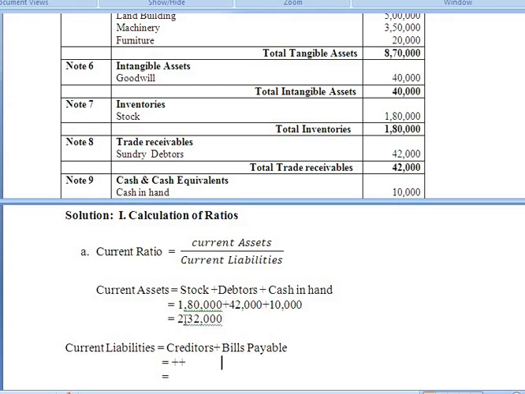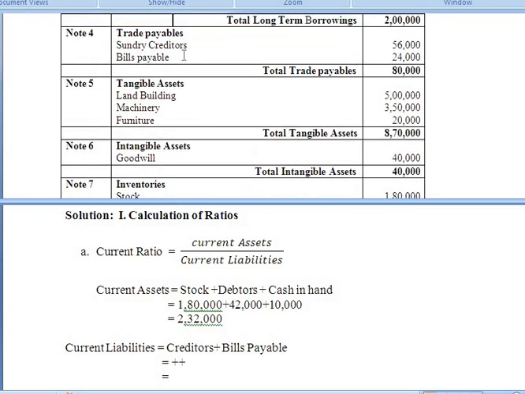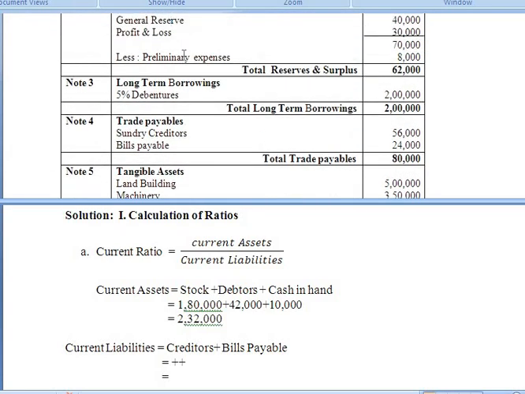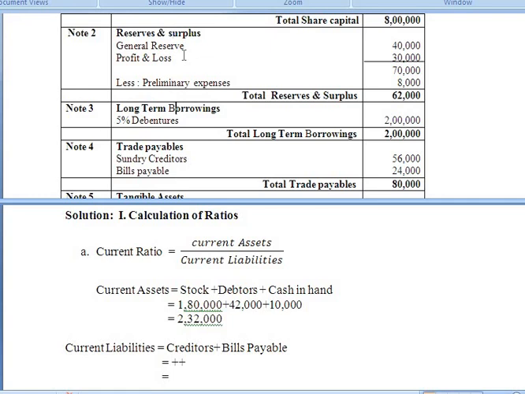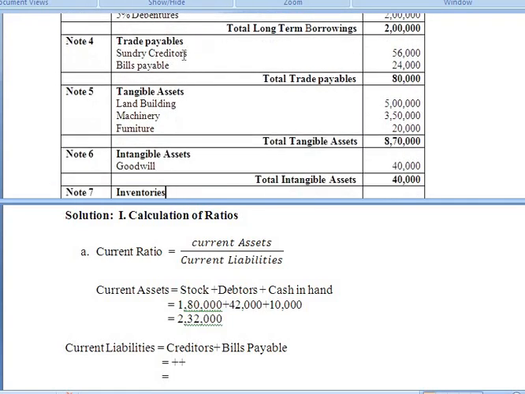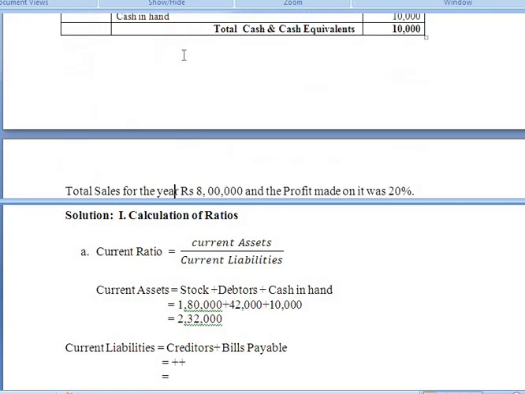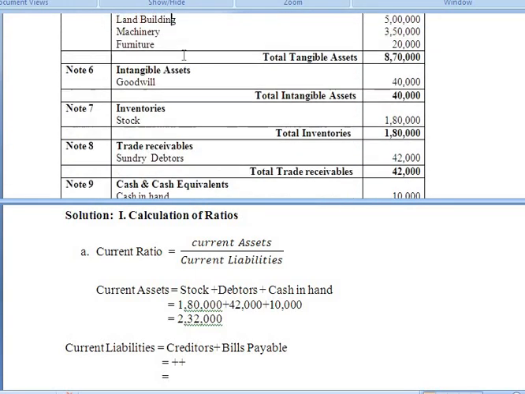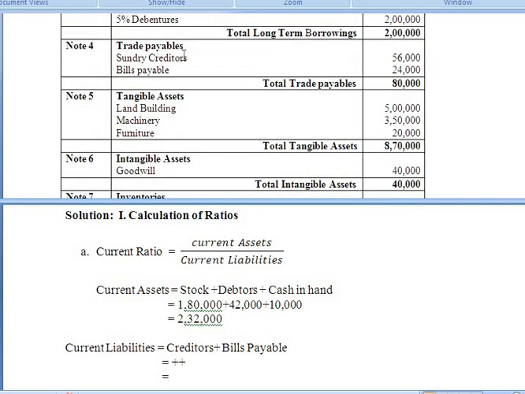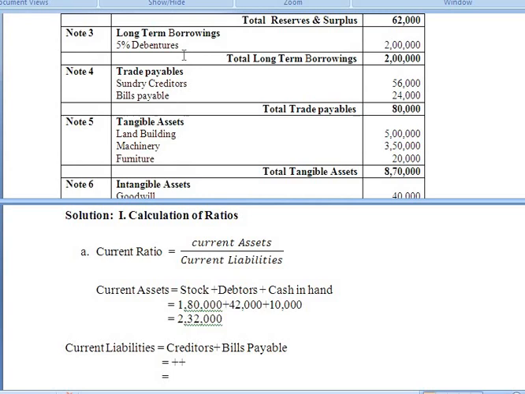In current liabilities, we have creditors and bills payable. The details we can get in note number 4. Trade payables include sundry creditors and bills payable.